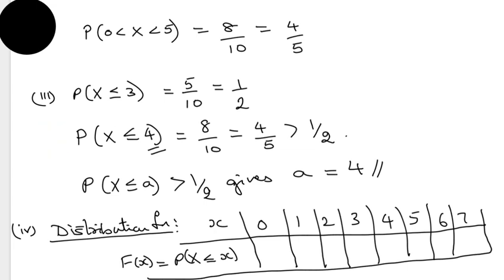So let us fill in the values over here. We will get 0, 1 by 10, then 3 by 10, then 5 by 10, after that 8 by 10, and then 81 by 100, after that 83 by 100, and then the final value is 100 by 100, that is 1.